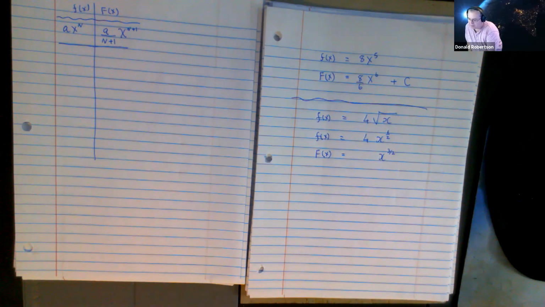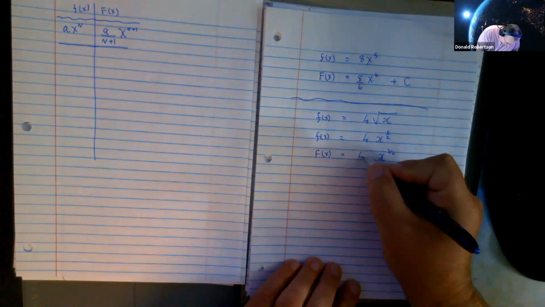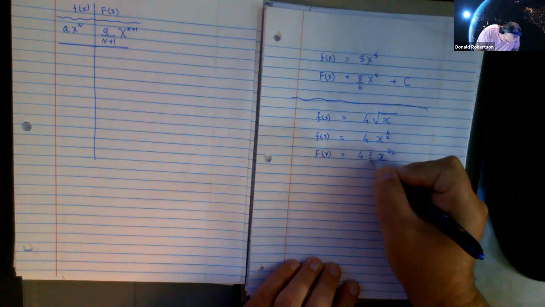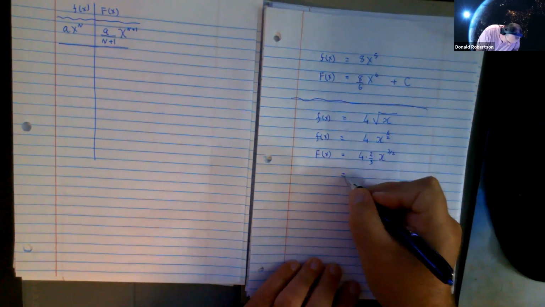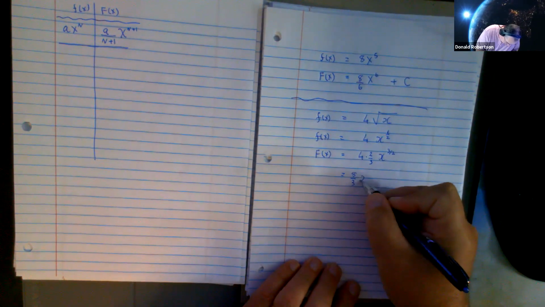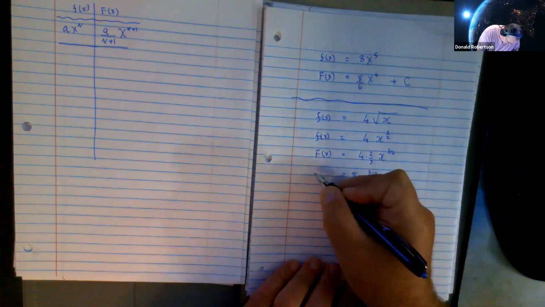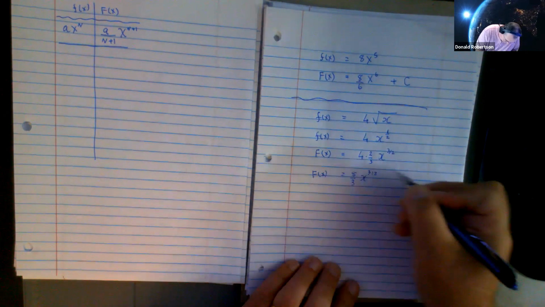Right? Dividing by 3/2 is the same thing as multiplying by 2/3. So what we get is 4 times 2/3. So the answer ends up being 8/3, which is that term, plus c.